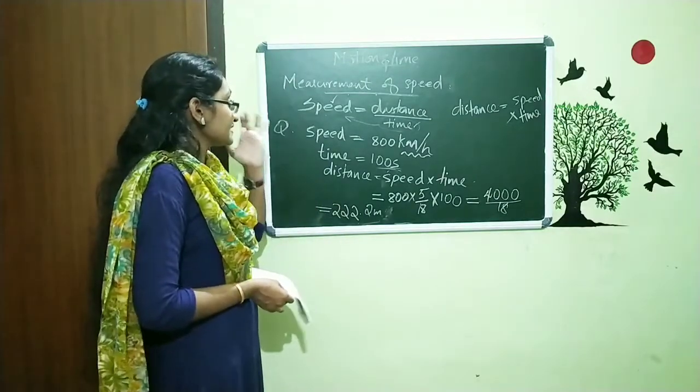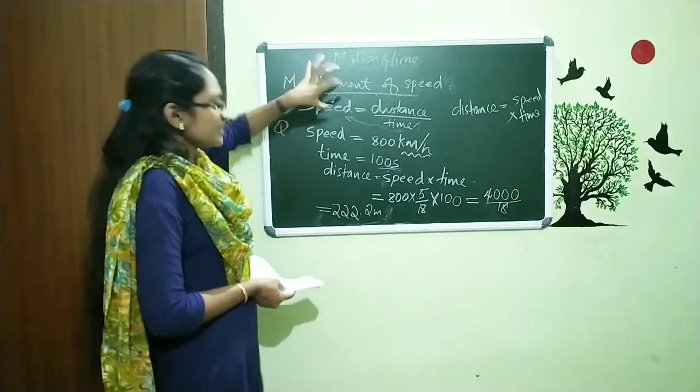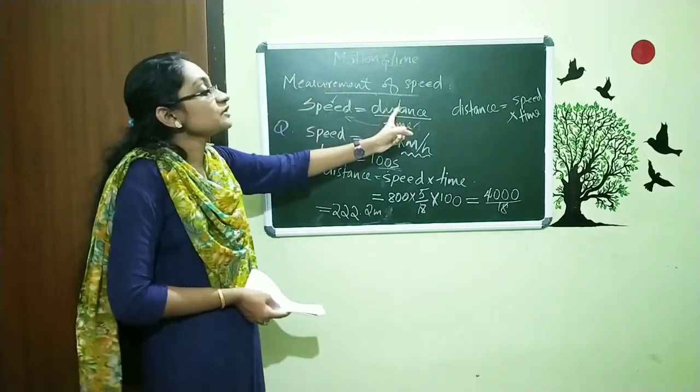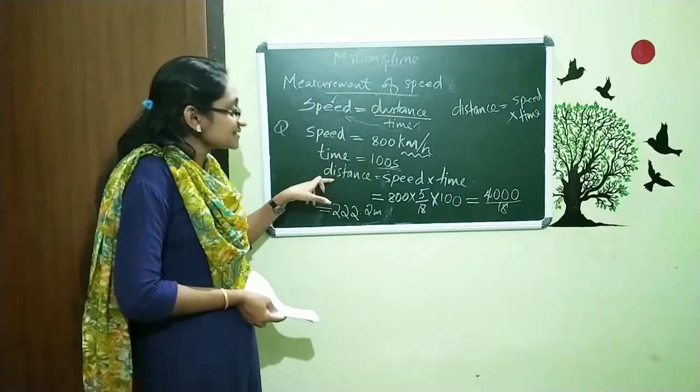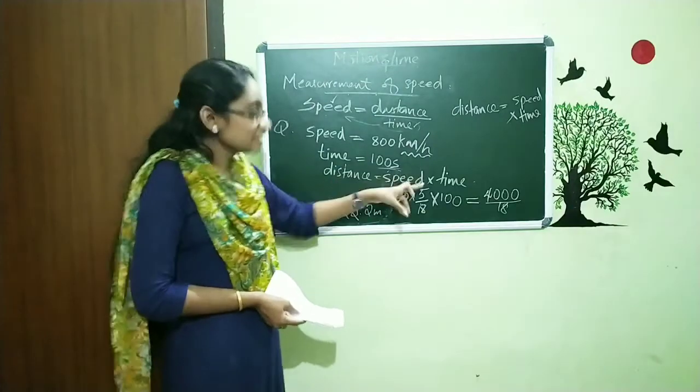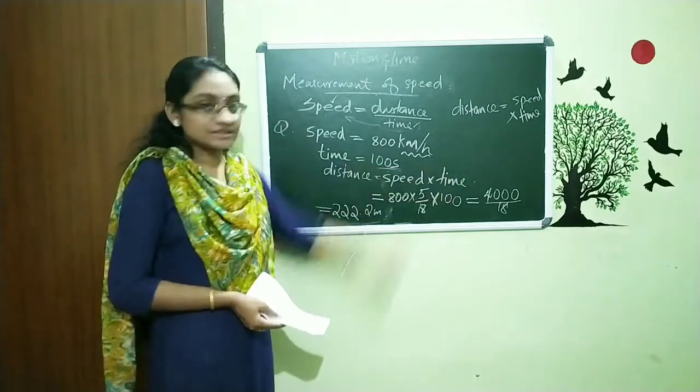So the question is very simple. We have the speed and the time, but we don't know the distance. So we rewrite the equation as distance is equal to speed multiplied with time.